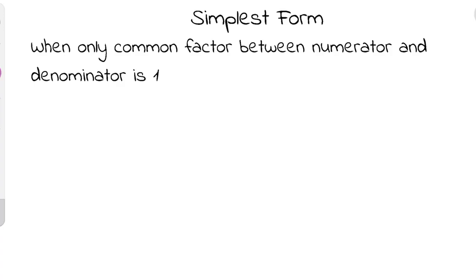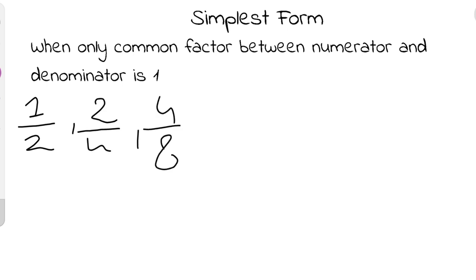We take the same example. Equivalent fractions were 1 by 2, 2 by 4 and 4 by 8. Now bring all of these fractions to their simplest form. 1 by 2 is already in the simplest form as 1 and 2 do not have any common factor other than 1. Now let's take 2 by 4.